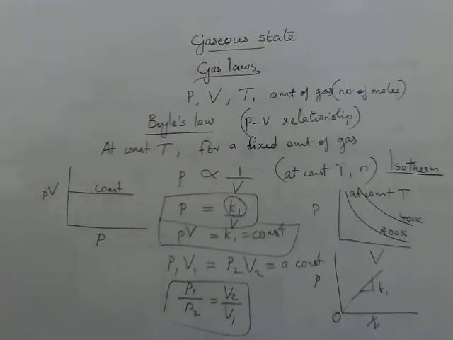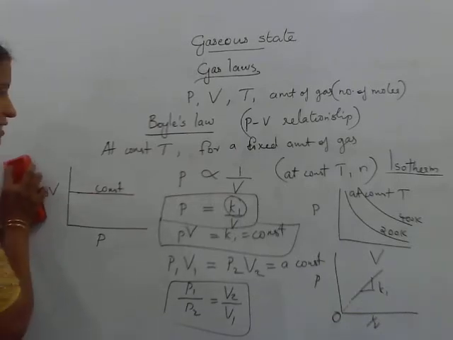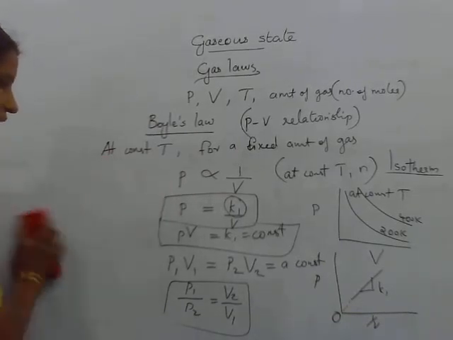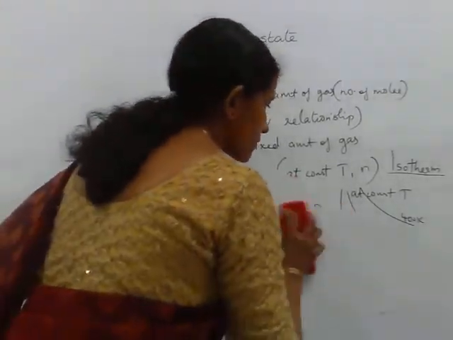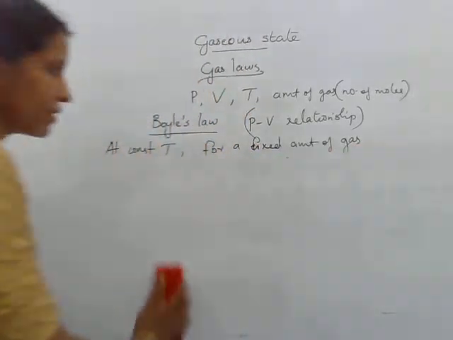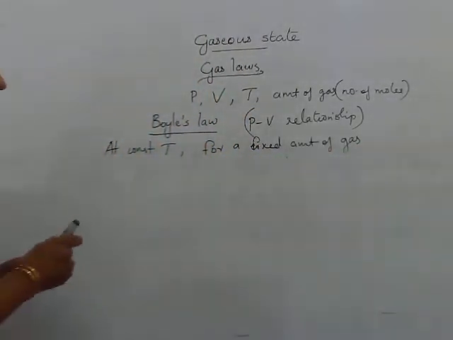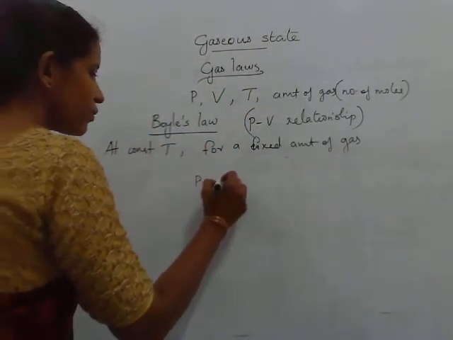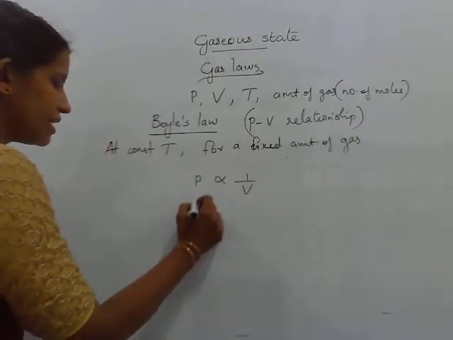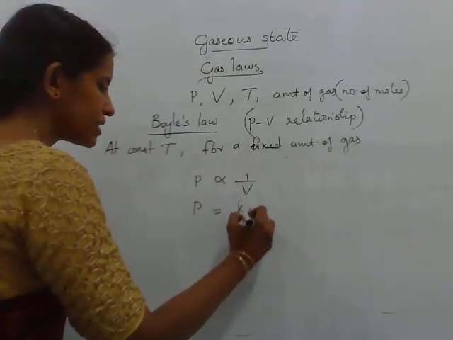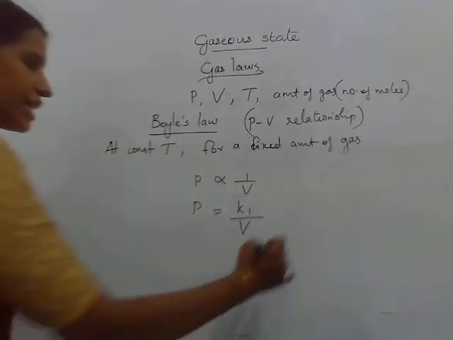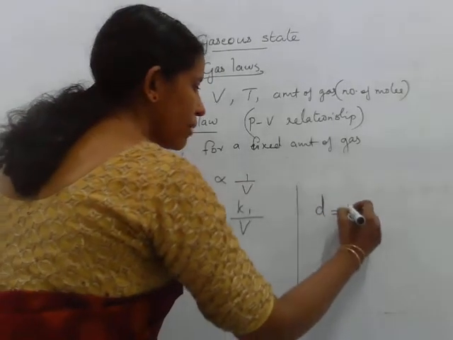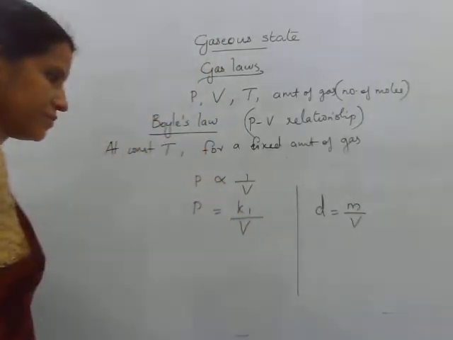From Boyle's law, we can also find a relationship between pressure and density of the gas. According to Boyle's law, pressure and volume are inversely proportional. Pressure is equal to the constant K1 by V, volume. We know that density is equal to mass divided by volume.